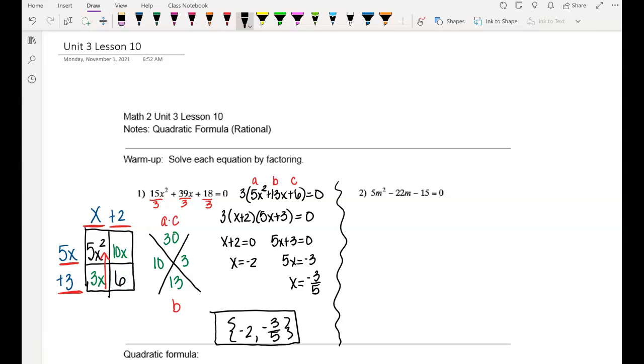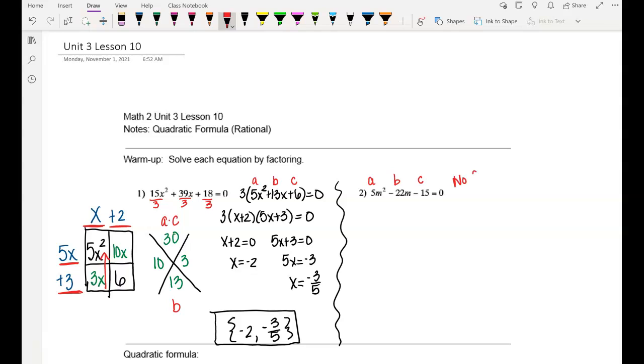Number 2, 5m squared minus 22m minus 15 equals 0. So I look at 5, 22, and 15. There's no number that goes into all three of them equally. So A is 5, B is negative 22, C is negative 15.